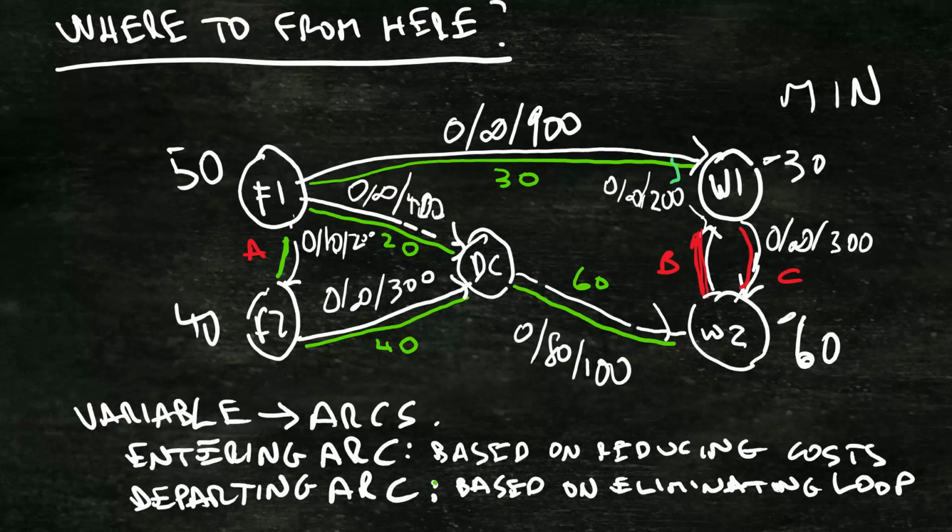So basically we will be increasing F1 F2 if we decide to add it. It wants to grow as much as possible, and if we wanted that to grow from 0, it can only grow up to 10. But if we want that to grow, then what has to happen in terms of eliminating this loop?